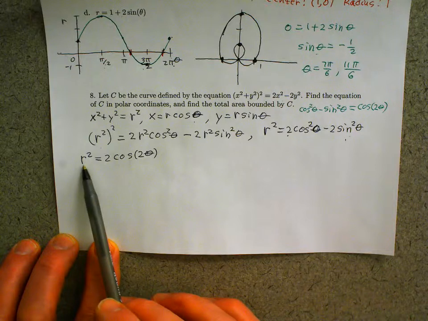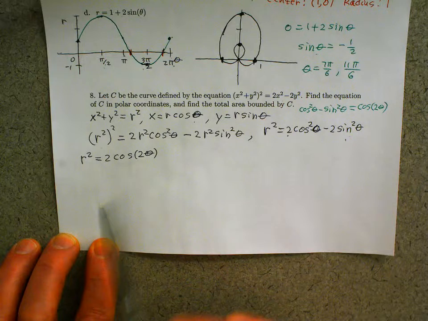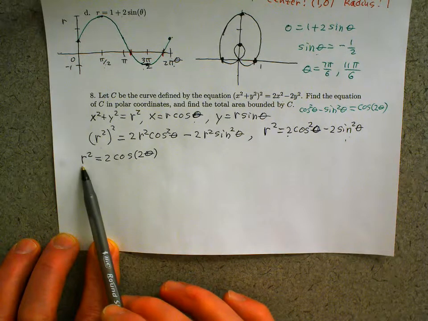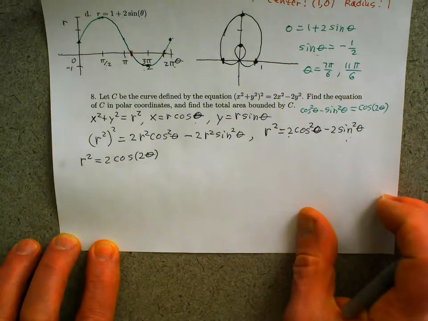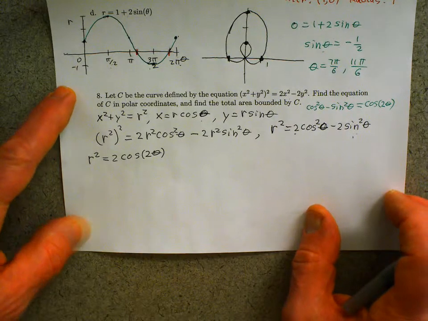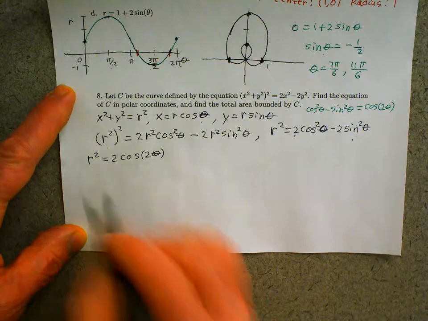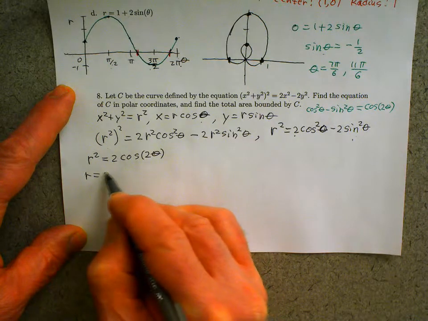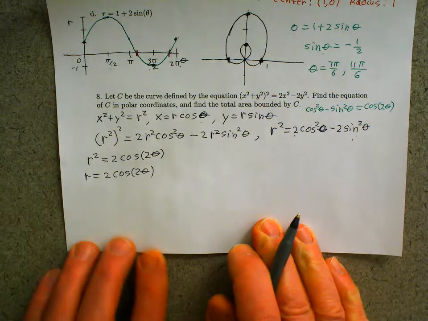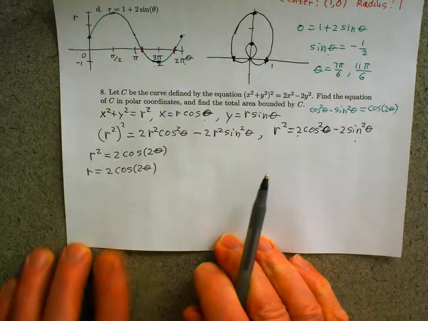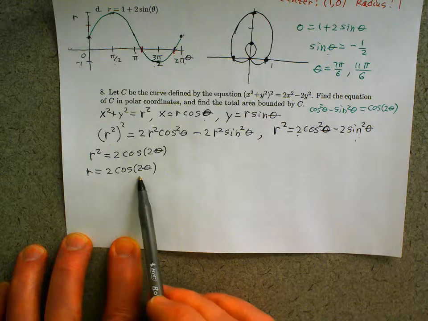So we're only going to use the part of the graph of 2 times cosine of 2 theta where it's positive, because r squared has to be non-negative. So we'll graph r equals 2 times cosine of 2 theta just to see where this is positive or non-negative.